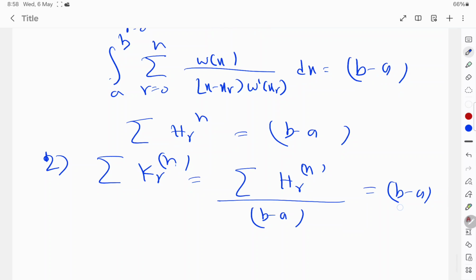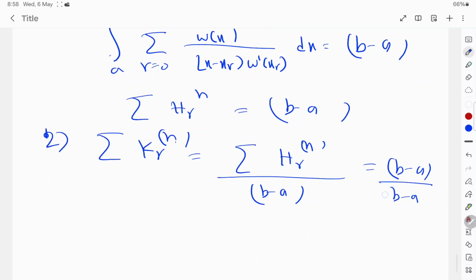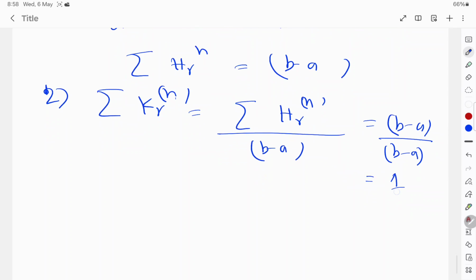So what is K_r^n? This type of thing. So b minus a by a, because the upper sum is this, so in this way you will get this.